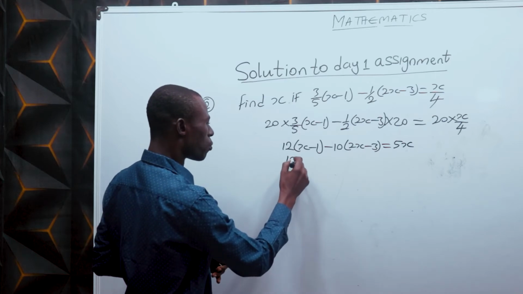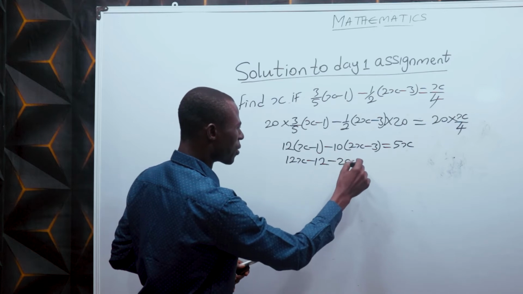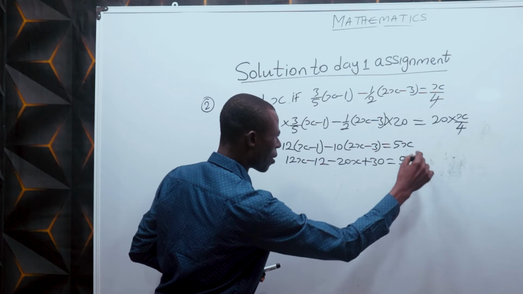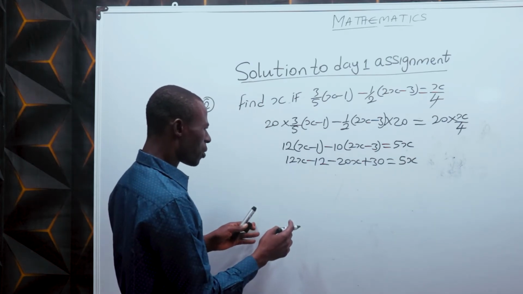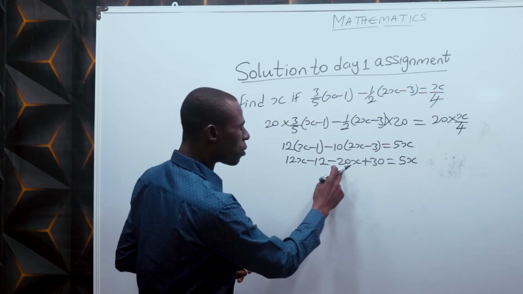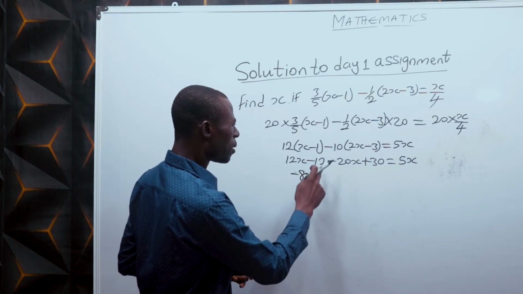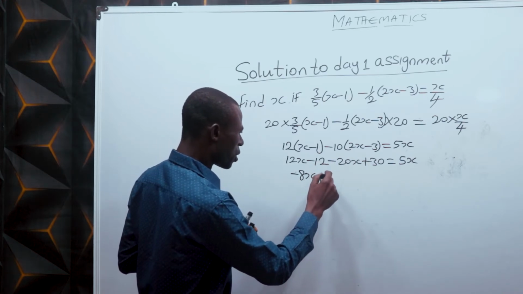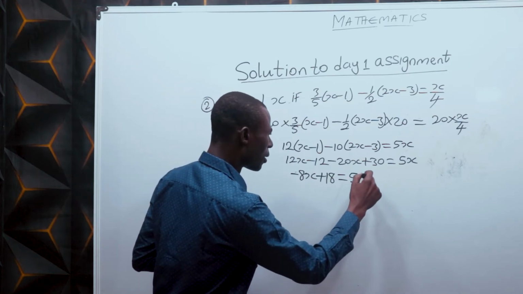Opening this bracket, we have 12x minus 12 minus 20x plus 30 equals 5x. Collecting and resolving the like terms, 12x minus 20x, that is negative 8x, minus 12 plus 30, that is positive 18, which is equal to 5x.